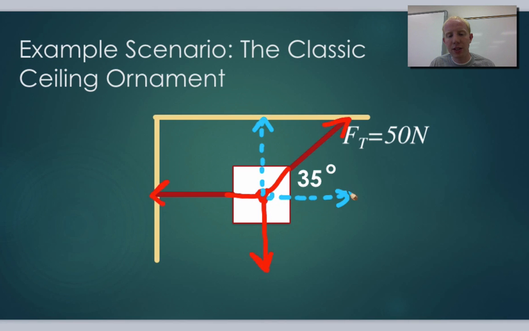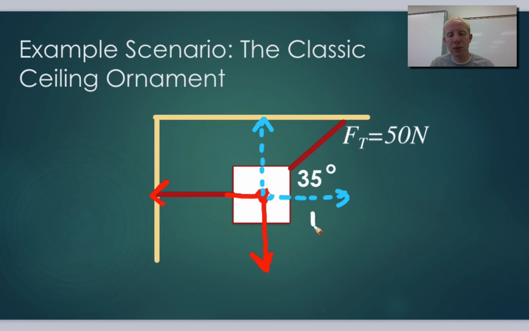Okay? So there's an x component and a y component. So instead of thinking of this part, we think of this as two vectors or two components in those directions.